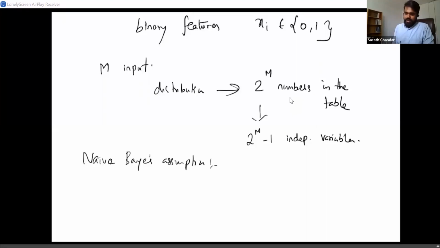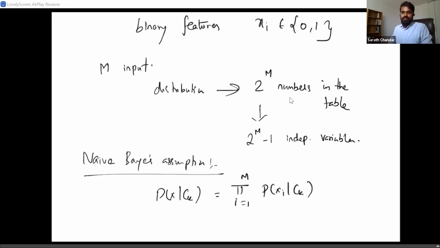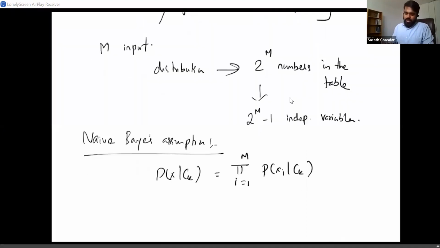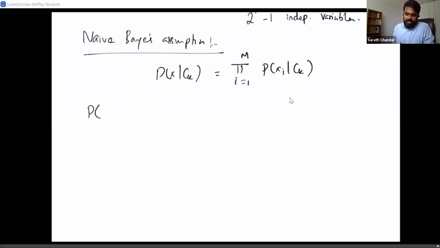Now P of x given ck is going to be approximated with the product over i equal to 1 to m of P of xi given ck. So how do I do that? I take P of x given ck. This can be written as P of x1 to xm given ck.